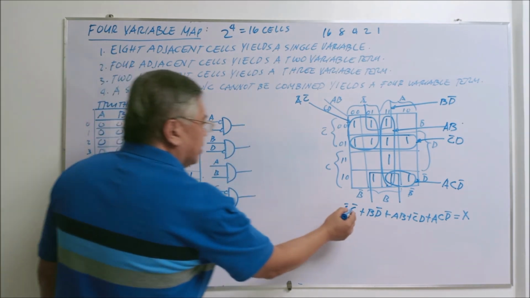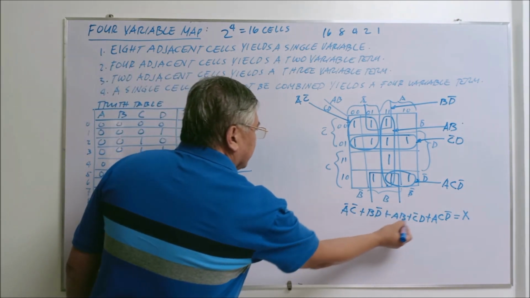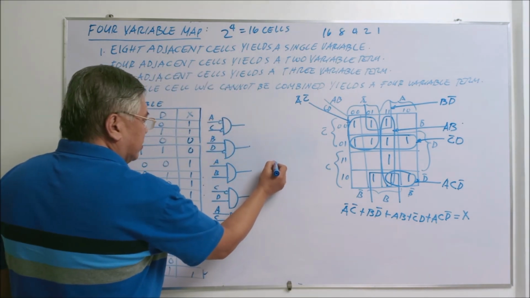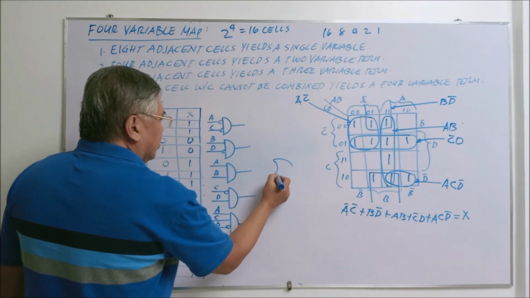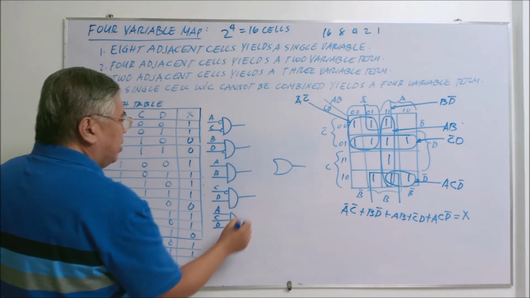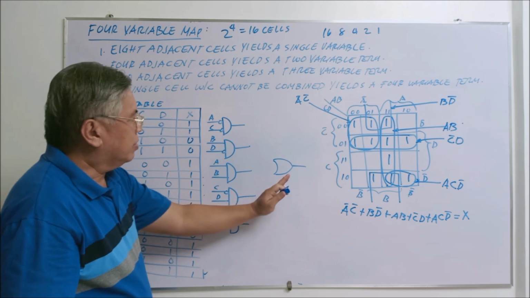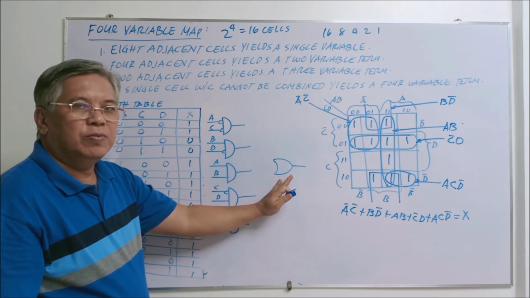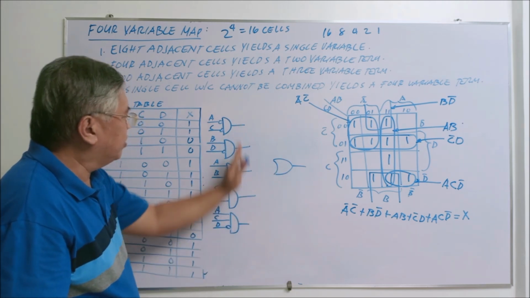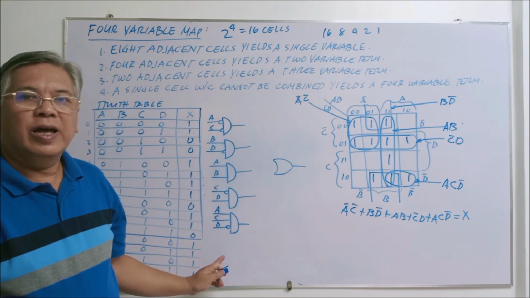So these AND gates are being ORed together. So you have here an OR gate. So even if you have many inputs here in this particular area, try to make the symbol here for the OR gate as much as possible as big as the AND gate.